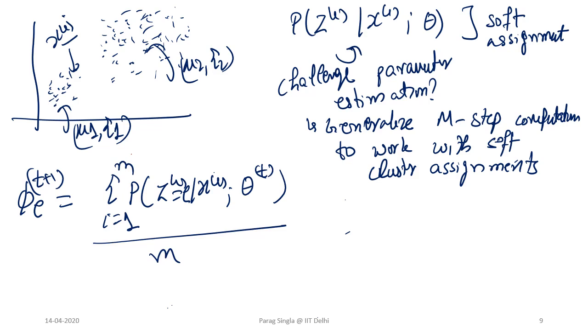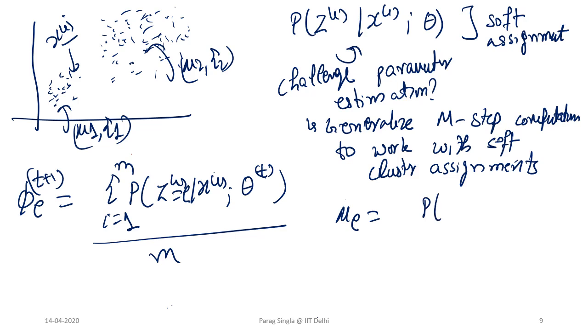Right, so once again, this generalizes the previous hard assignment, because now we are saying for each point, compute your estimated probability of that particular point belonging to cluster L, and then sum these probabilities across all the points, and that gives you the prior probability for cluster L. And similarly, we can compute mu L, which will again use the soft assignment.